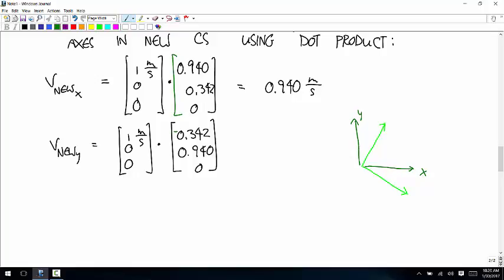The direction of our new y-axis is this, represented in our old coordinate system. So take that dot product and you get negative 0.342.